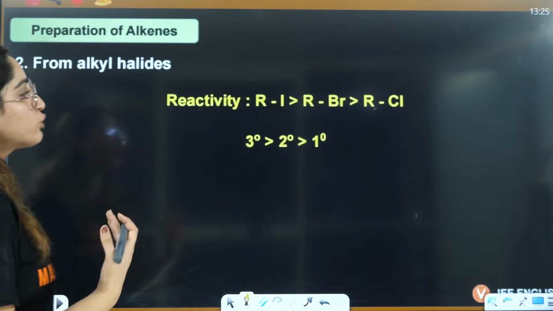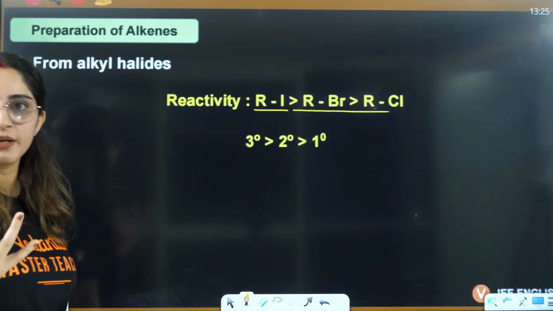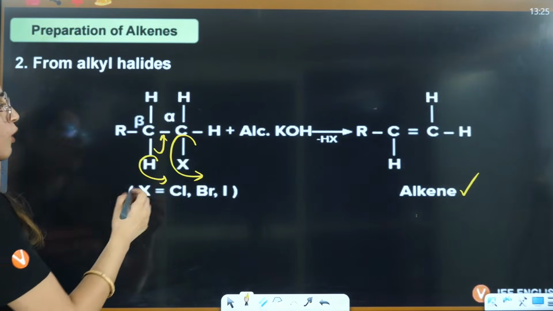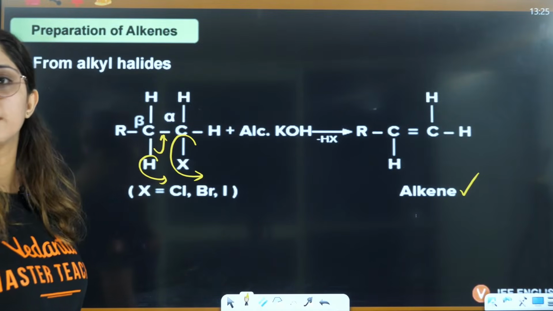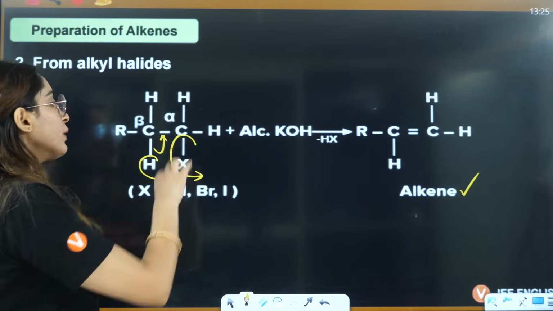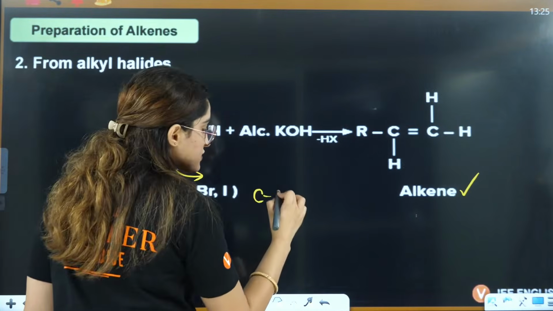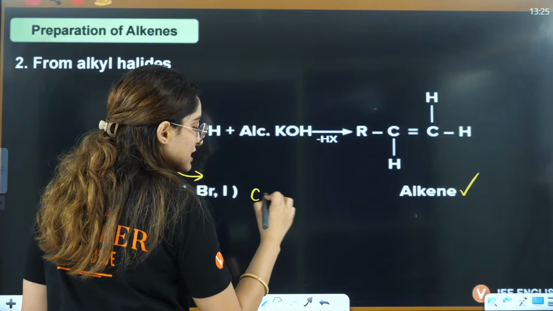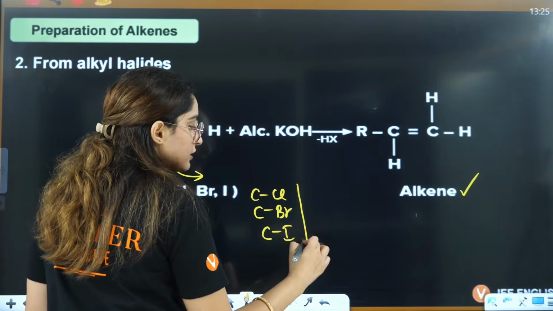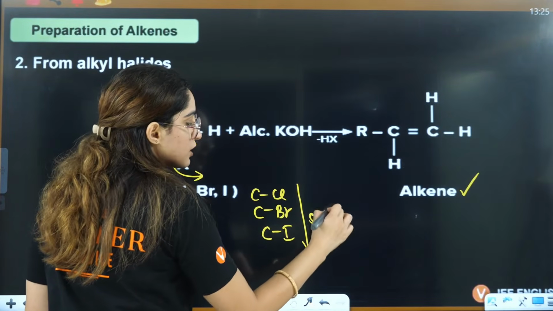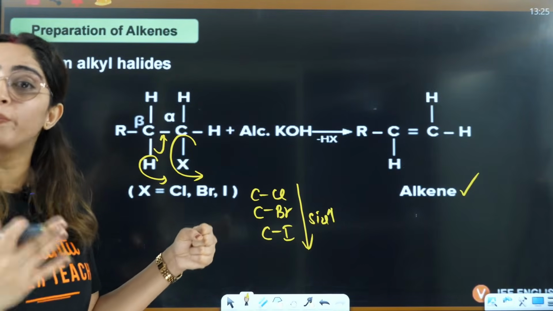And when you talk about reactivity, RI is maximum, because the reaction depends upon how easily you can break the C-X bond, right? So we know that you have CF, CCl, then CBr, then CI. Down the group size is increasing, so this bond is getting longer, and that's why it is easy to break that bond.